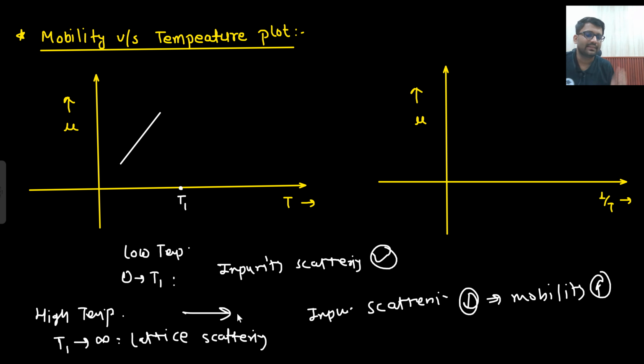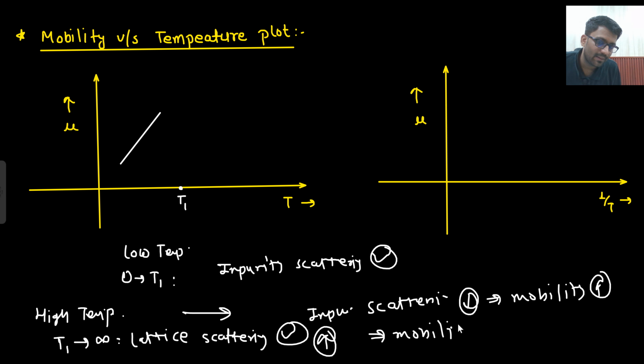Now in the higher temperature range, if I increase the temperature, then lattice scattering will increase. If I increase the temperature, atoms will be vibrating more, and that means there will be more hindrance. So lattice scattering will increase, and if lattice scattering is increasing, mobility will go down. So after T1, mobility will go down.